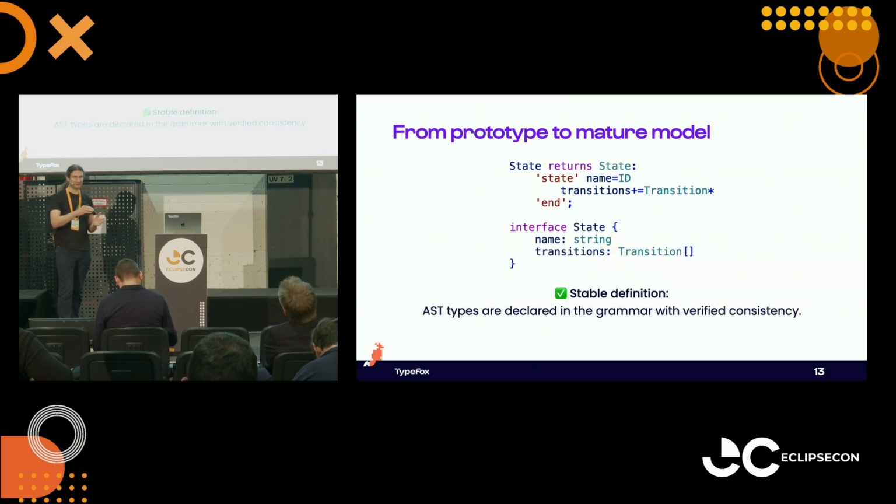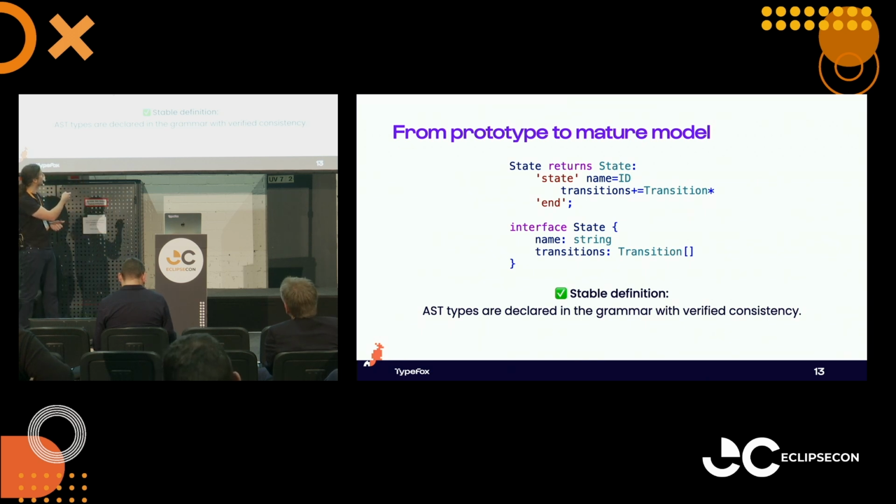But when you transition to a more mature implementation, at some point you should define the data structures explicitly. And for that, we define a syntax in the grammar language that is similar to TypeScript. In this case, we use the interface syntax, where we explicitly define the properties that we want to create in the process of parsing our text.